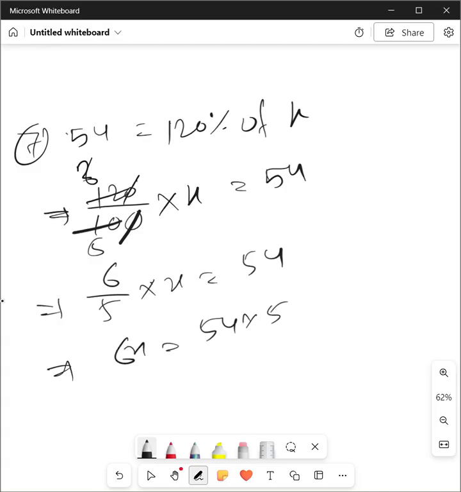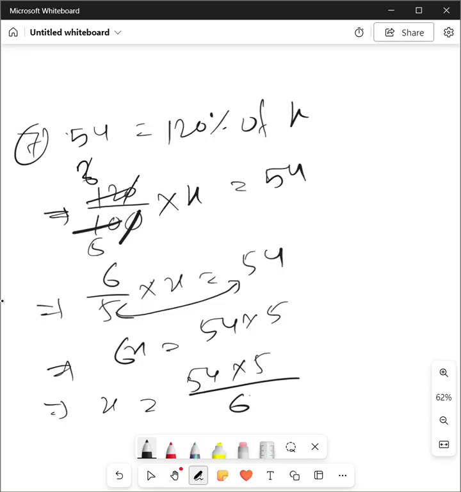We are cross multiplying these two, or you can say eliminating the 5 from this side. And we are getting k is equal to 54 times 5 divided by 6. We know that 6 times what equals 54?